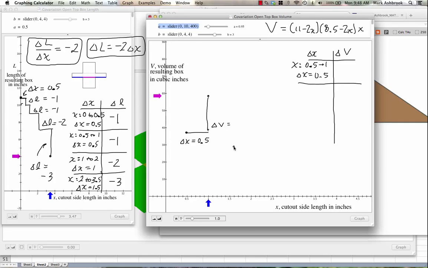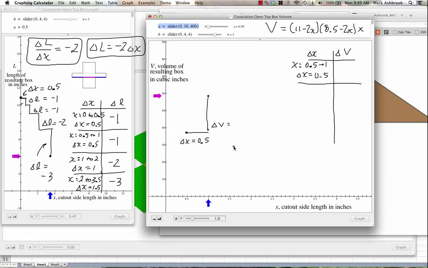So you just take 0.5 and plug it into that formula, it'll give you the corresponding change in V, right? Some are saying yes, some are saying no. Why no? Because that's just going to give you a point where 0.5 is.